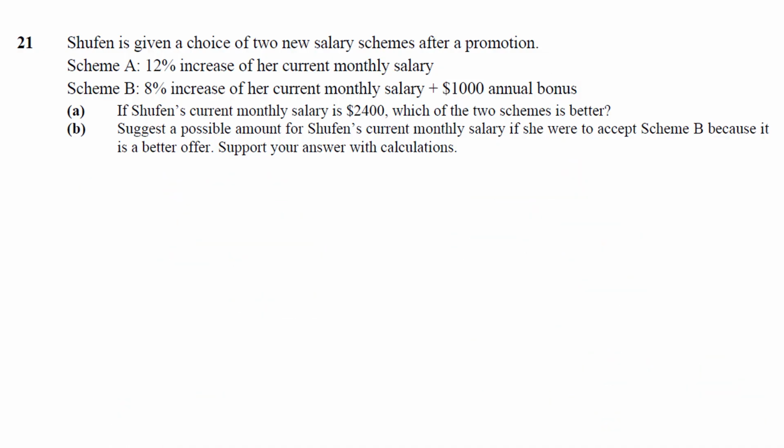Let's look at part B. So is it always true that Scheme A is better? The answer is no. It really depends on how much Su Fen's current salary is. If Su Fen's current salary is 2,400, then of course Scheme A is better.